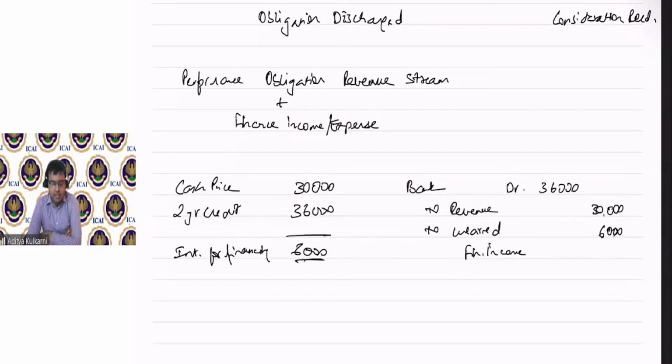The second exception is if the consideration is variable and the variability of the consideration is not in the control of the supplier. Suppose you are an author or a publishing house.